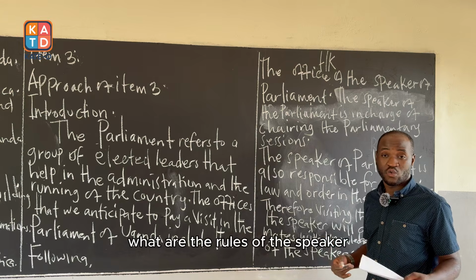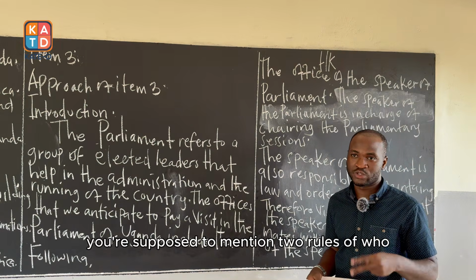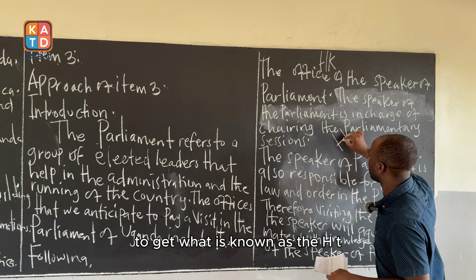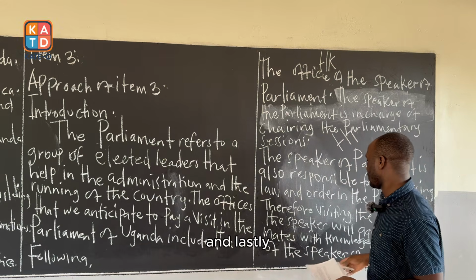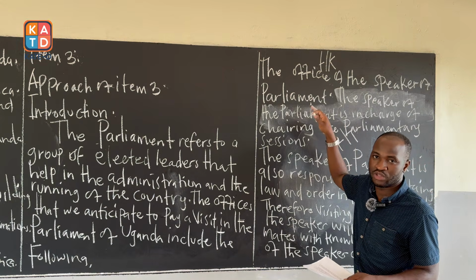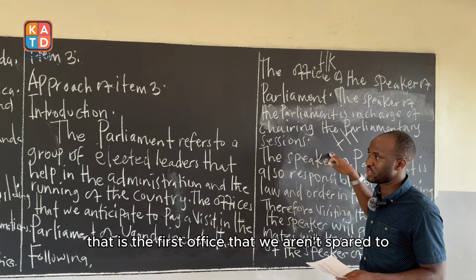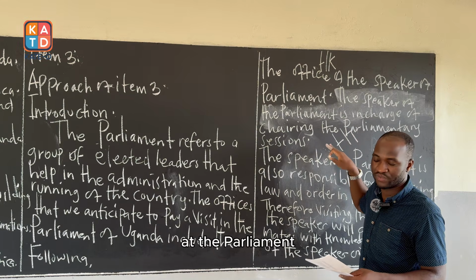Then, what are the roles of the Speaker? We are supposed to mention two roles of the Speaker in order for you to qualify to get what is known as the HT. And lastly, you are supposed to link your answer to the question. That is the first office that we anticipate to encounter while we are at the Parliament.